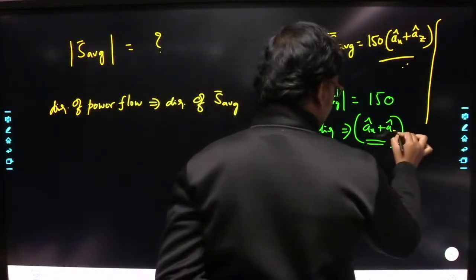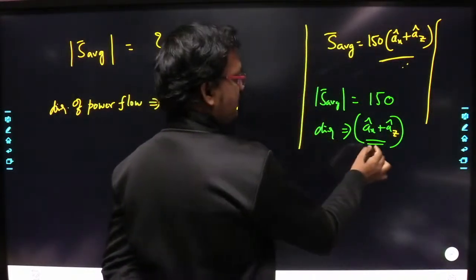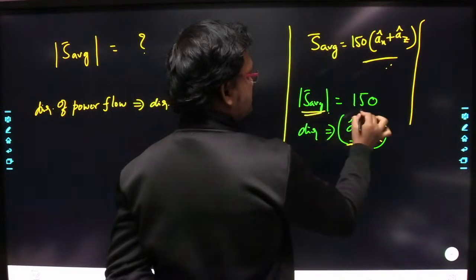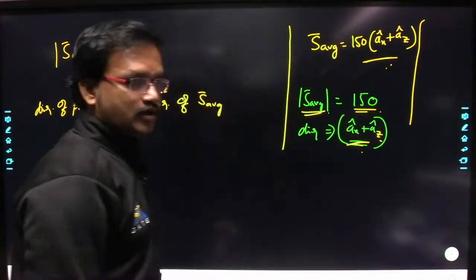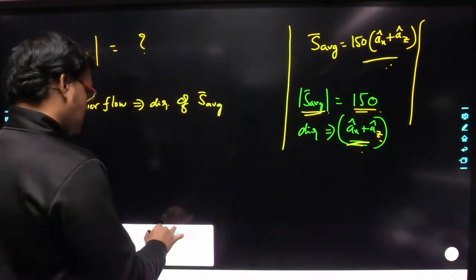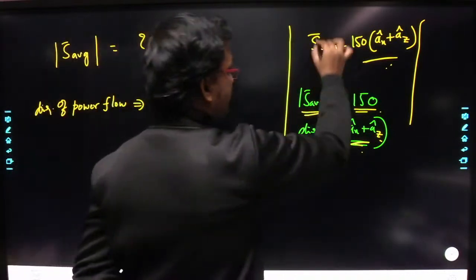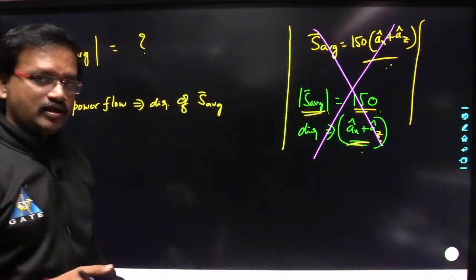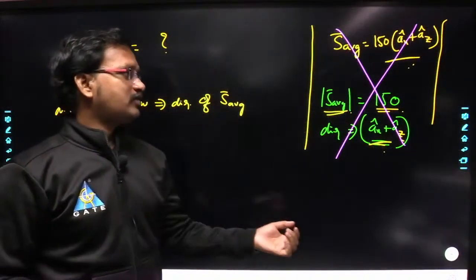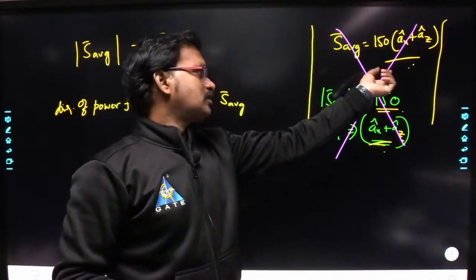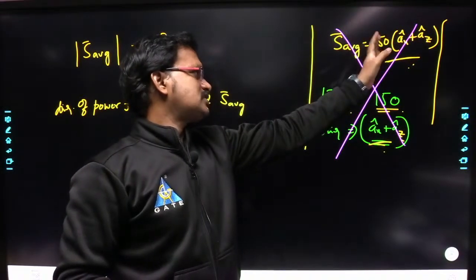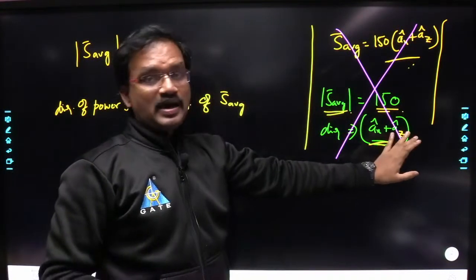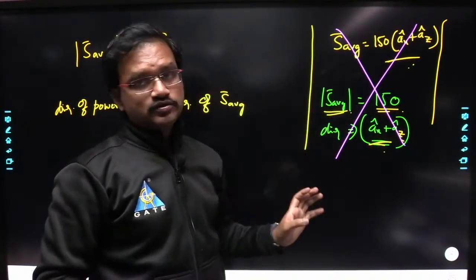So they will say the direction as AX cap plus AZ cap and magnitude as 150. This is absolutely wrong. In the examination, in a hurry, they just see the answer and say 150 as magnitude and AX cap plus AZ cap as direction, which is absolutely wrong.